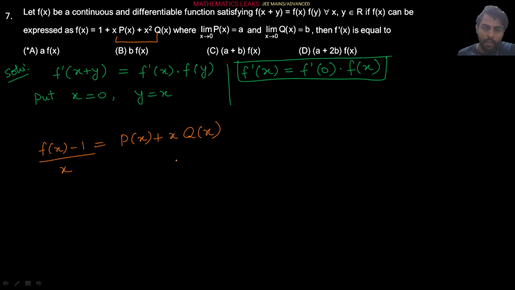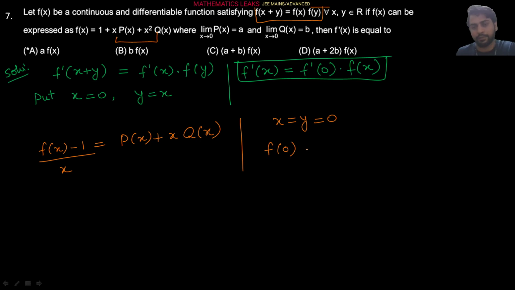Right now, if we consider this functional equation, in it I am going to use x = 0 and y = 0, and then we will find out what the value of f(0) is. Putting this, we get f(0 + 0) = f(0) · f(0), so f²(0).